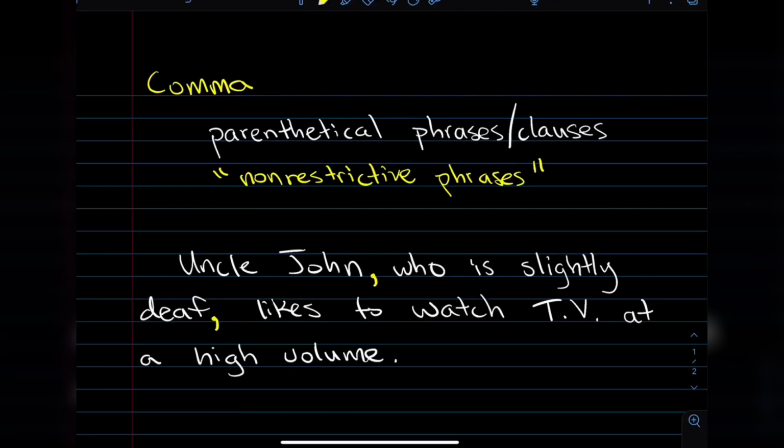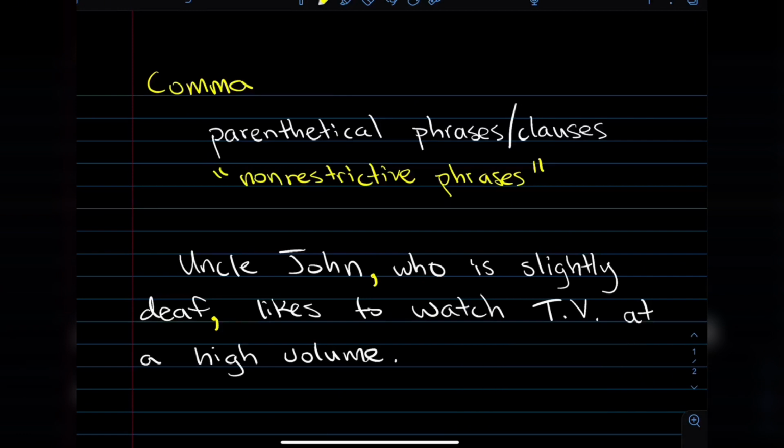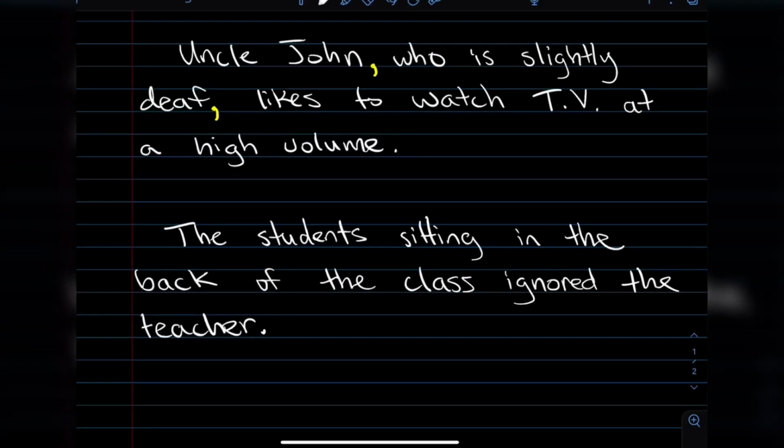By contrast, a restrictive phrase is important to the main clause of the sentence because it defines the noun that it's referring to, or limits it to a particular noun, a specific person maybe, or a specific thing, or a specific subset of people. For instance, I could have the sentence, the students sitting in the back of the class ignored the teacher.